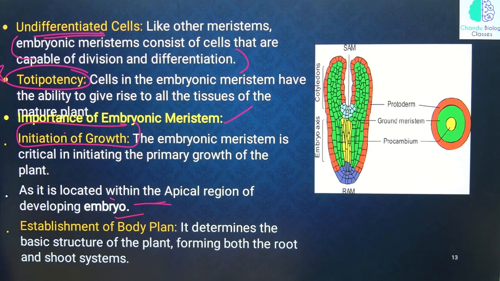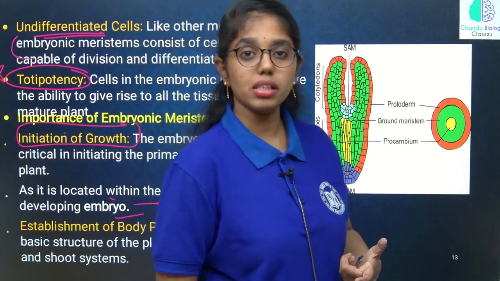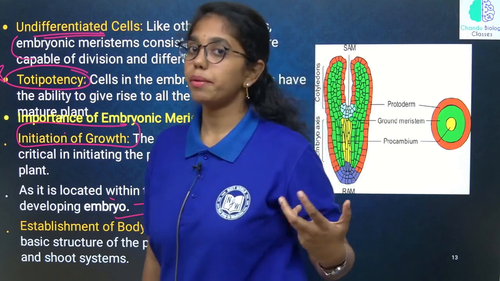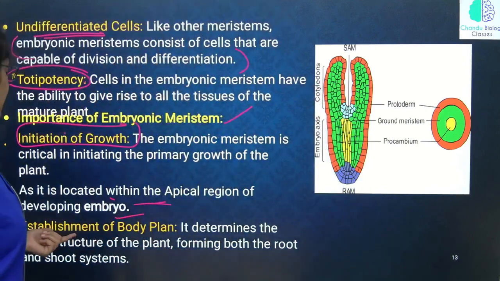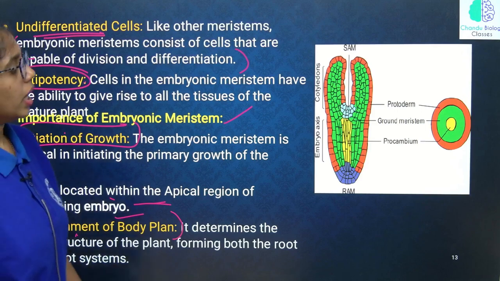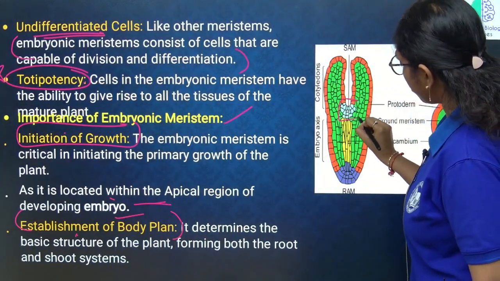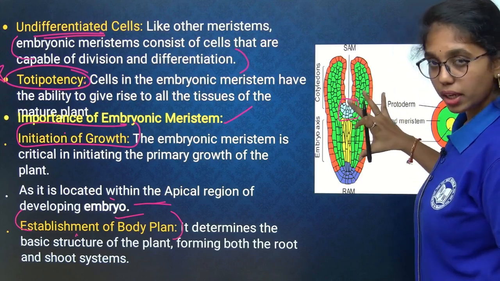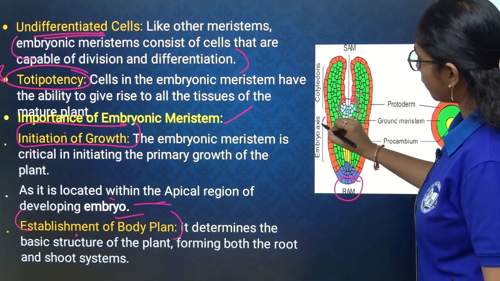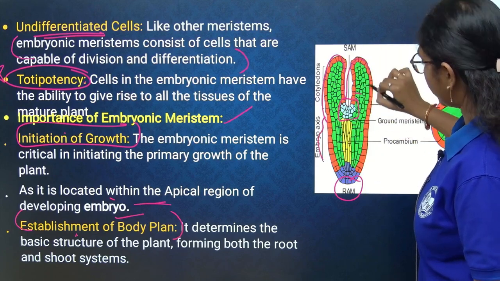Next, establishment of body plan. As the embryonic meristematic cells are totipotent, they can give rise to any different type of cells. So yes, they can establish the body plan of the plant body. If you look into the shoot apical meristem, which is over here, this is in the embryonic region, shoot apical meristem, root apical meristem, wherein this is the embryonic axis and these are cotyledons.